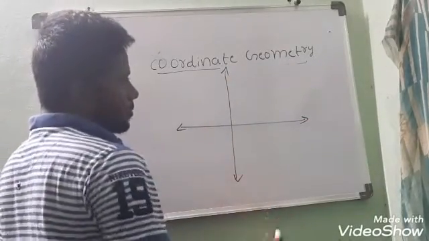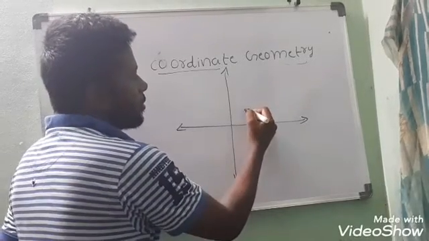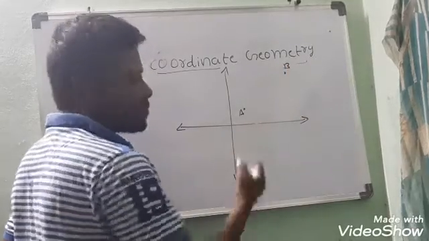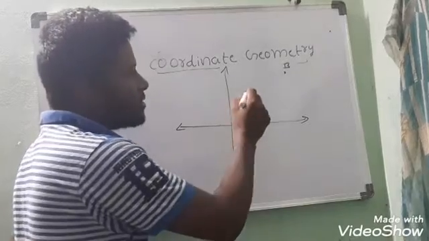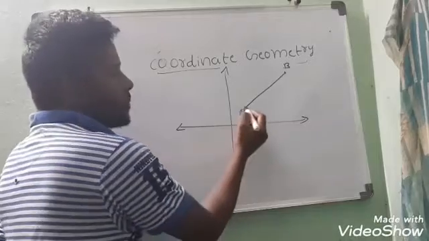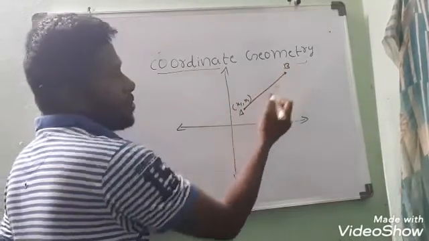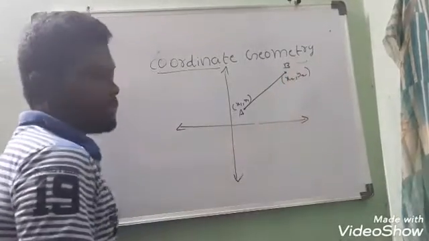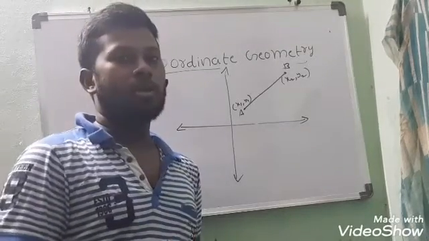Here I have two positions, A and B. Now I have to find the distance between these two points. The position of A is x1, y1, the position of B is x2 and y2. Now we have to derive the formula for the distance.